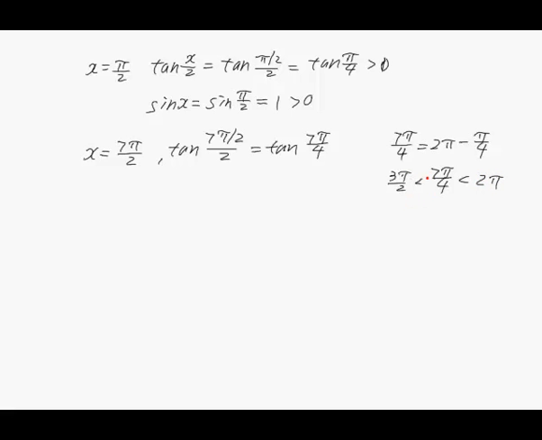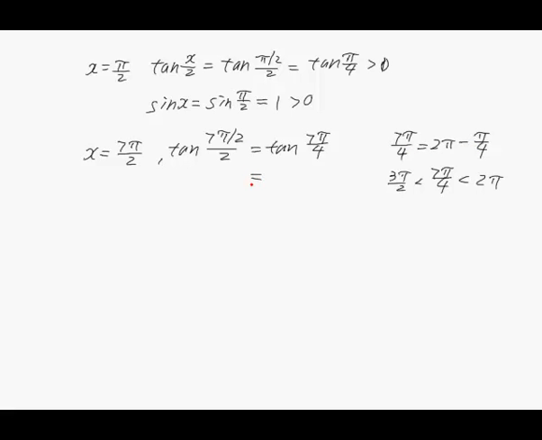And then to find the reference angle, we may just use 2 pi minus 7 pi over 4, and then we get pi over 4. So in this way, you can rewrite 7 pi over 4 as 2 pi minus pi over 4. So that means the reference angle for 7 pi over 4 is pi over 4, right?